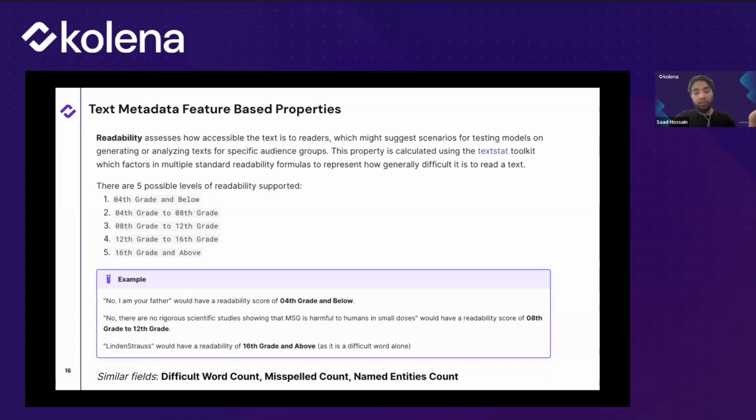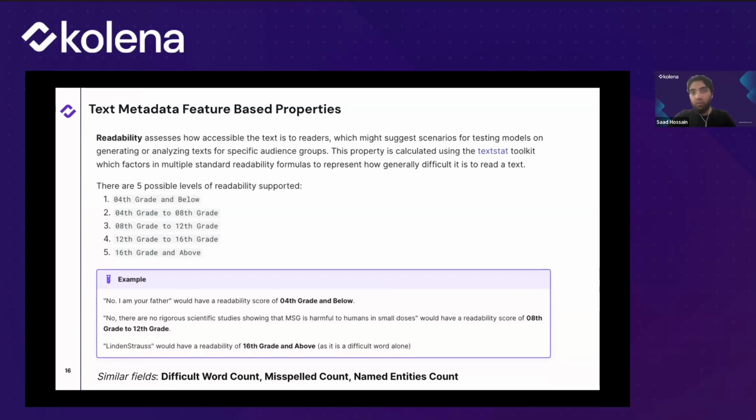Some similar fields to this would be the count of difficult words, the number of misspelled words, as well as the number of named entities in the text, in addition to a lot more. What these enable is understanding how your model does in various scenarios, appreciating that we might be able to use readability as a proxy for the difficulty of a text.